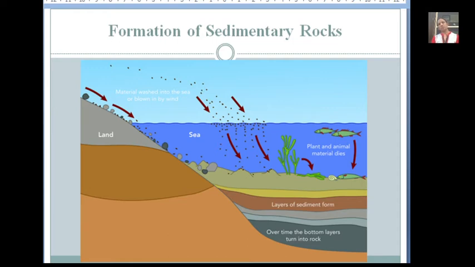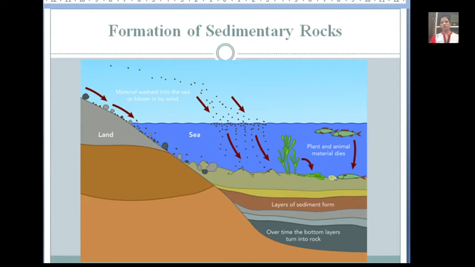Here the sediments can be rocks also, and they can be plant and animal materials that die in the oceans also.